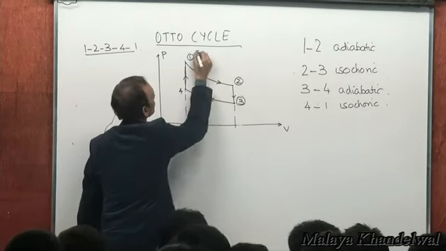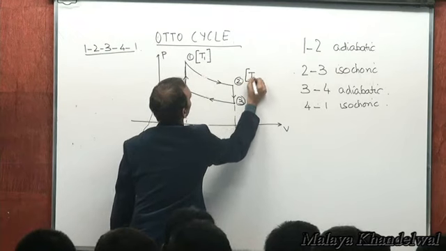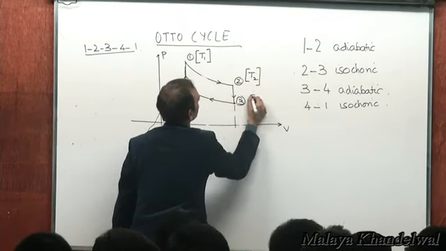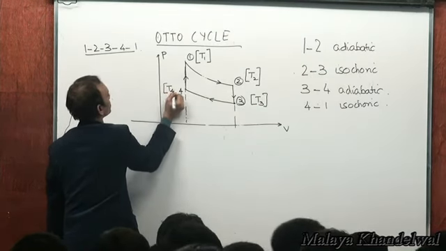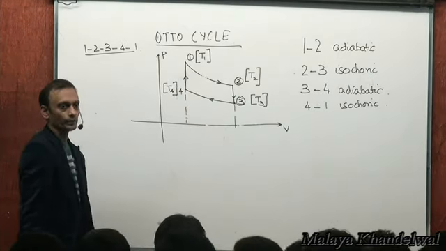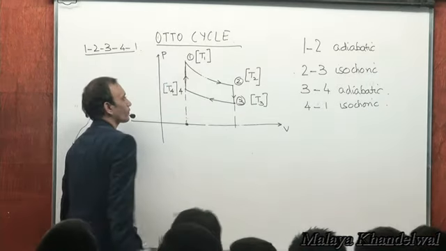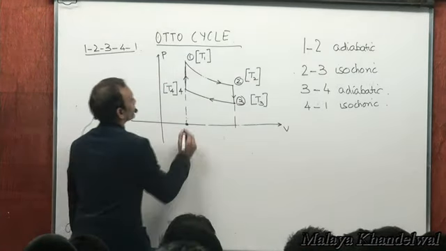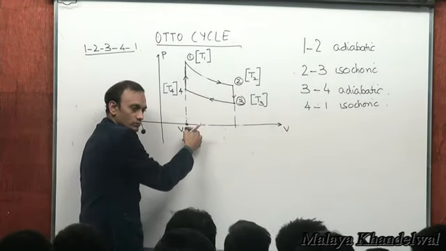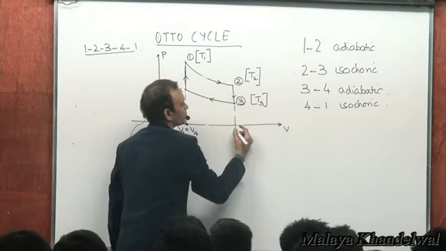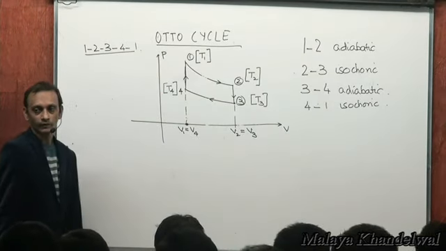Say the temperature of point 1 is T1, of point 2 is T2, of point 3 is T3, and T4 at this point, right? Now, V1 equals V4, the volumes of 1 and 4 are equal. Volume 2 equals volume 3, right?